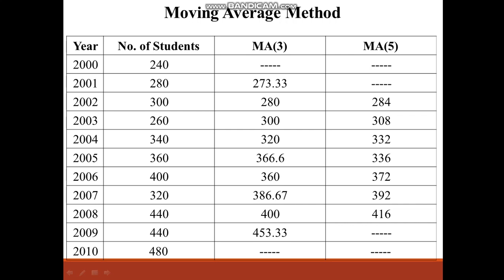We sum the number of students in the first year, the second year, and the third year: 240 plus 280 plus 300, and we divide them by 3, and we put the moving average in front of the second observation here.